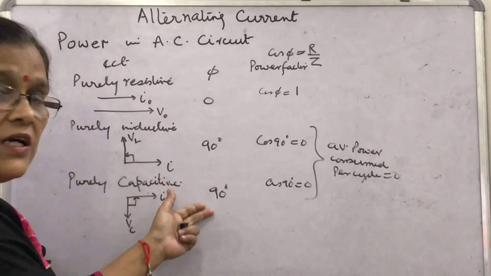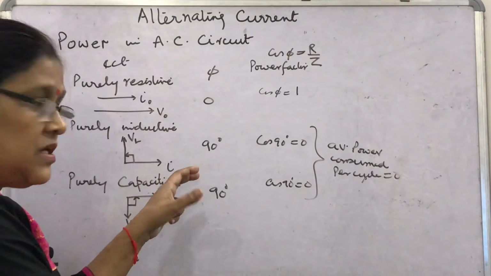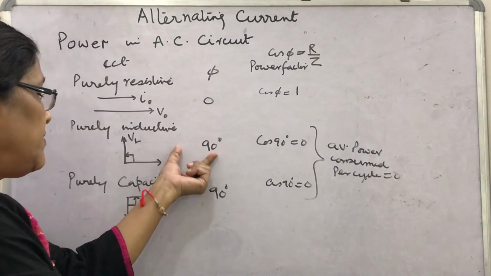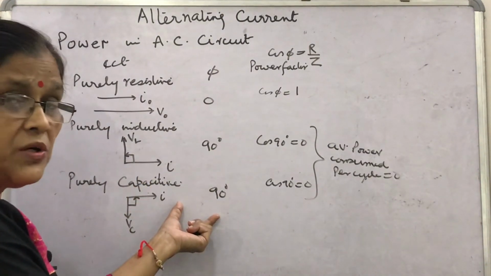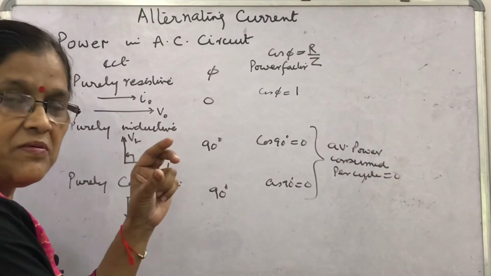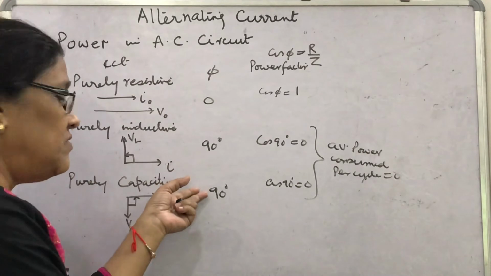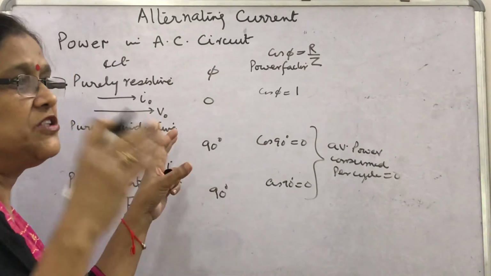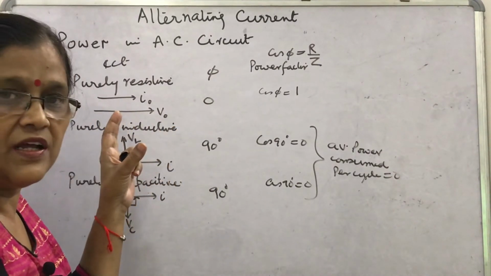These are the circuits in which, if they are ideally inductive and capacitive circuit, there is no resistance, although it does not happen, little amount of resistance always exists. There is no circuit which is solely resistance free.